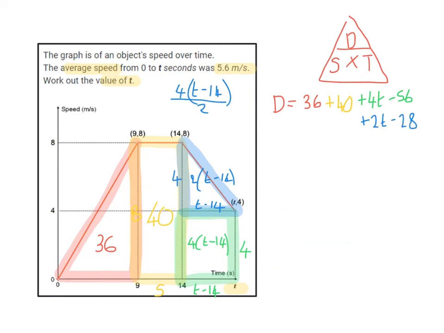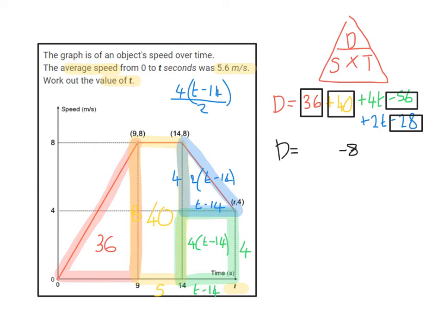Okay, now let's do some collecting of like terms. If I collect all the numbers, so 36 plus 40 minus 56 minus 28. My calculator, 36 plus 40 minus 56 minus 28, and I get minus 8. So my distance is minus 8.